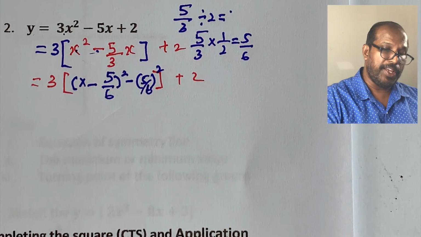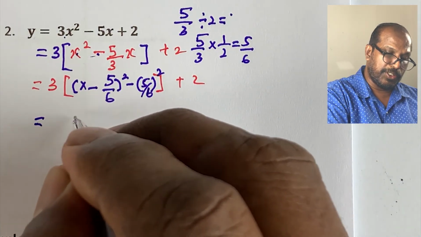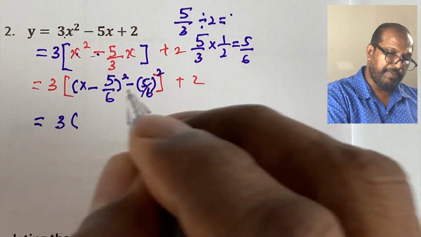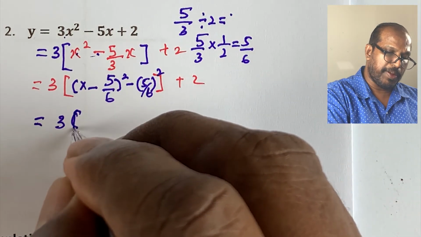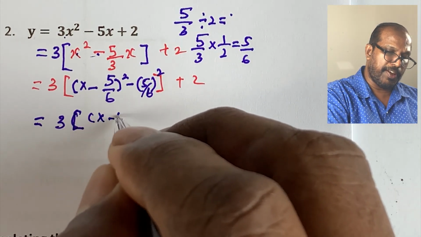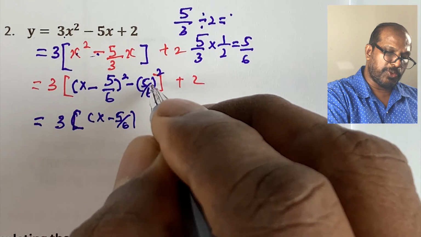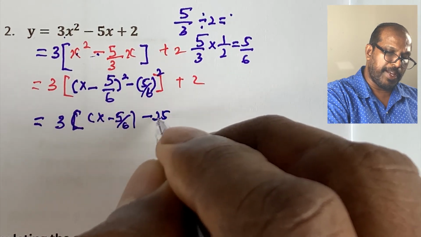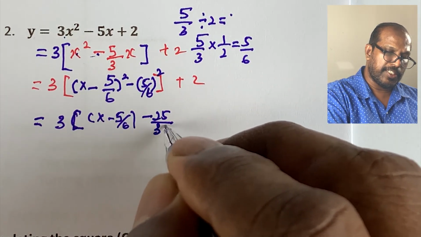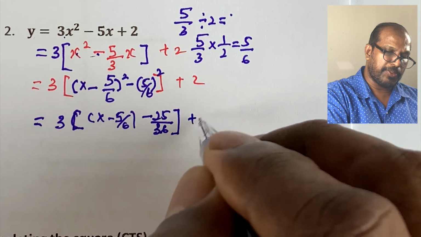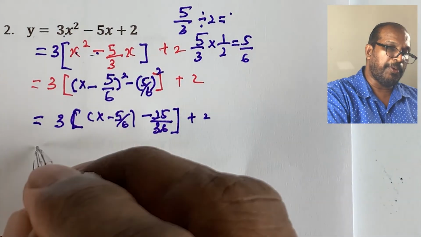Now we open up the bracket. This equals 3, open bracket, x minus 5 over 6, squared, minus 25 over 36, close bracket, plus 2. Now open some more.